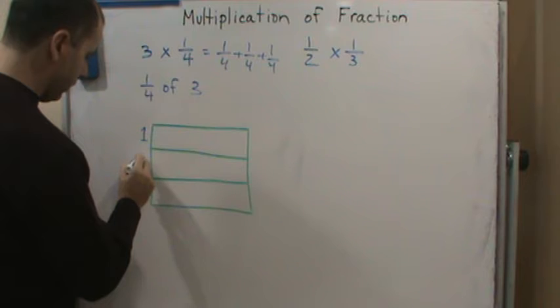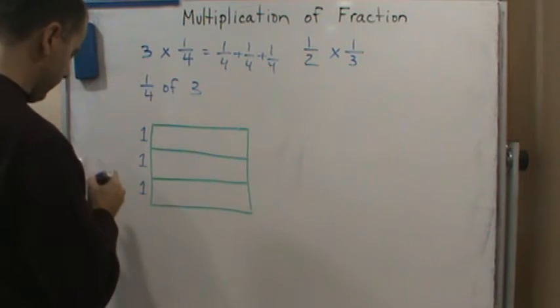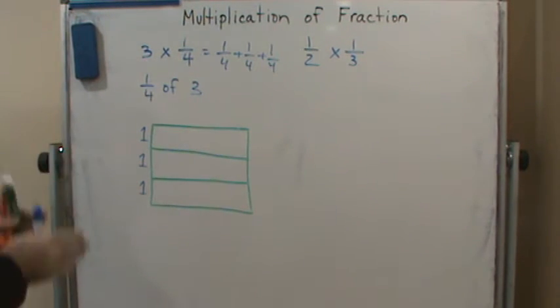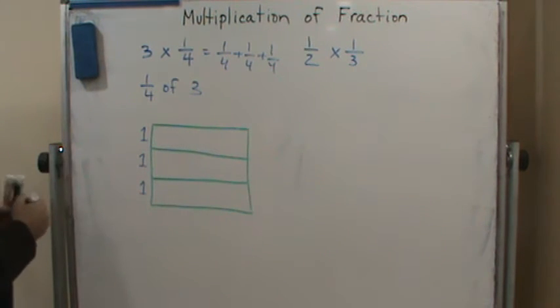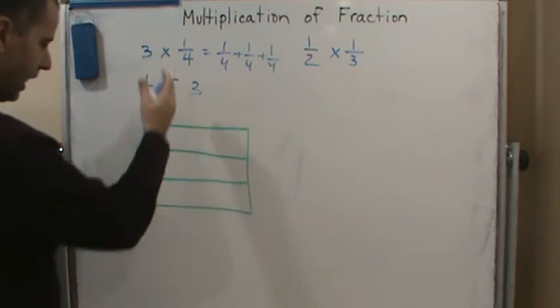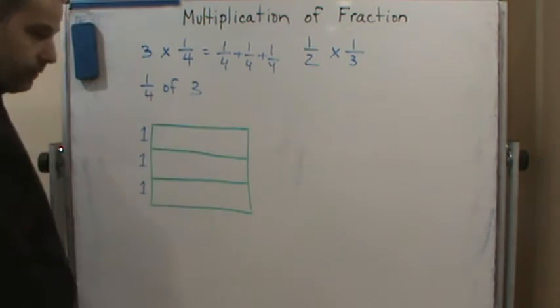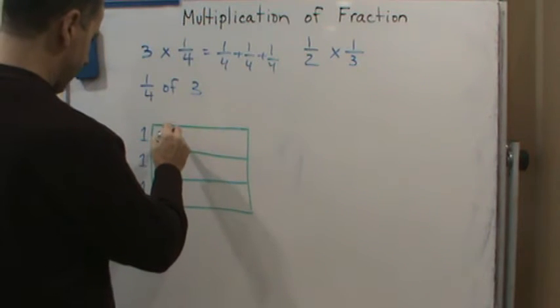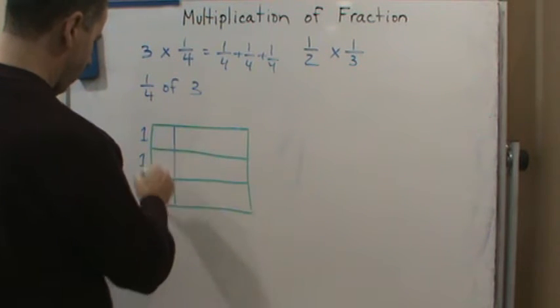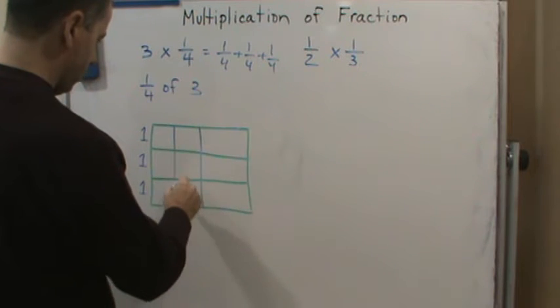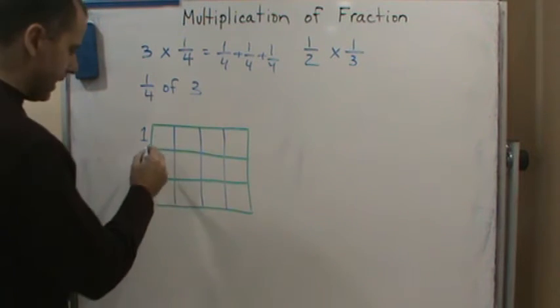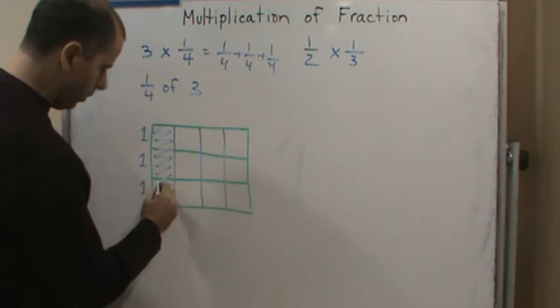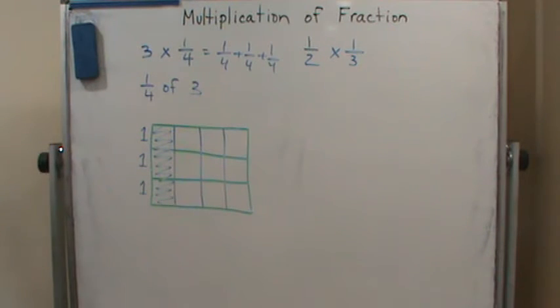And what I want to do is take 1/4 of those 3. Well, how would I do that? I would have to cut these 3 things into 4 equal pieces. So I'd have 1, 2, 3, and 4. And now I'm going to take 1/4 of those. See how it gives me the same thing?